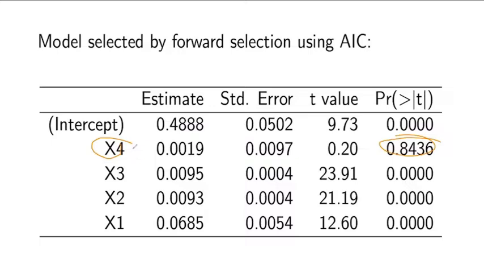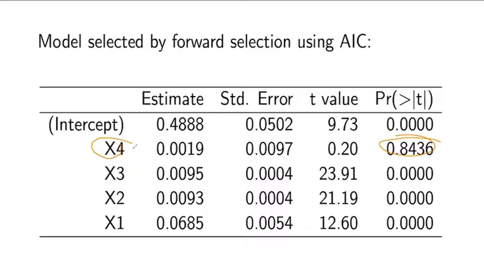So the fact that the forward selection selects a predictor does not mean that at the end of the day the predictor will be significant. It doesn't mean that at all. You get what I mean? The only way to tell is to look at the p-value associated with it.